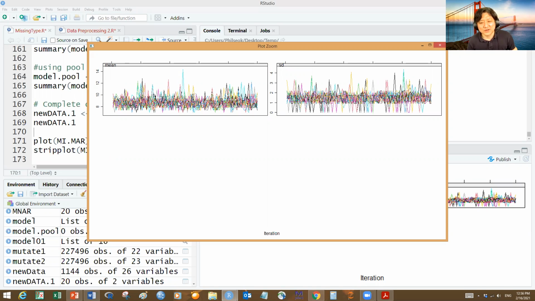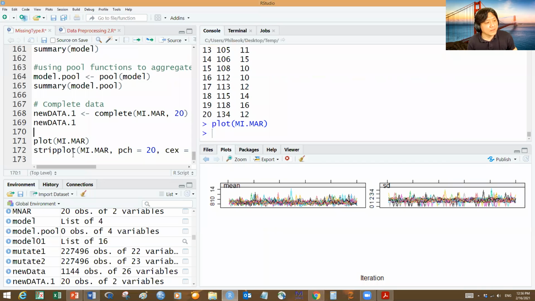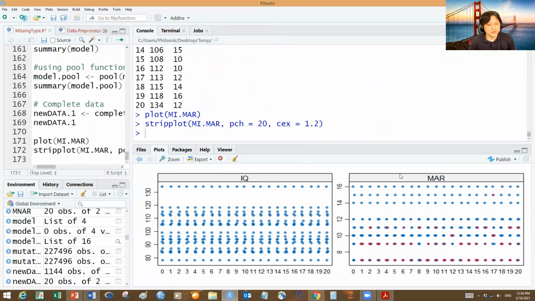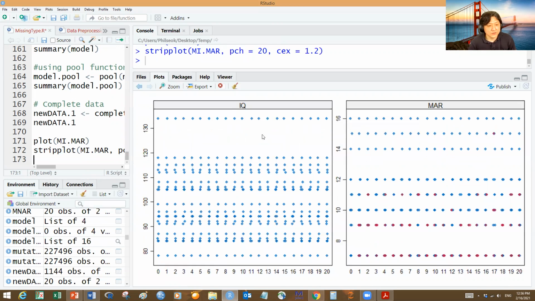That is one diagnostic picture. The second is a strip plot. This is the complete data set for IQ. The blue dots represent the observed data, and the red dots represent imputed missing values.